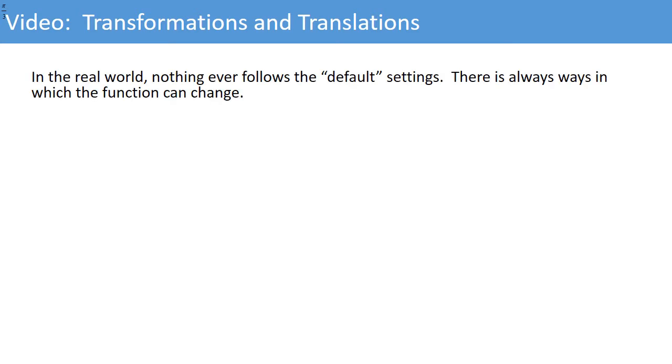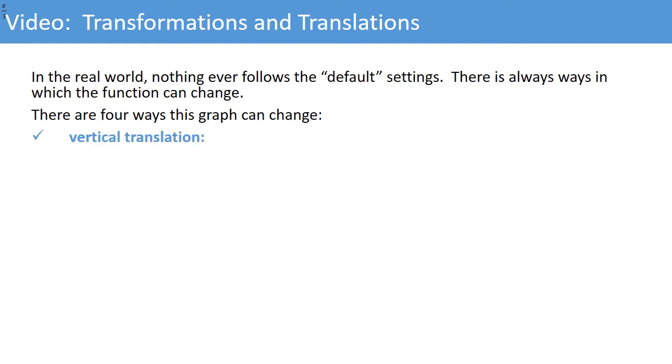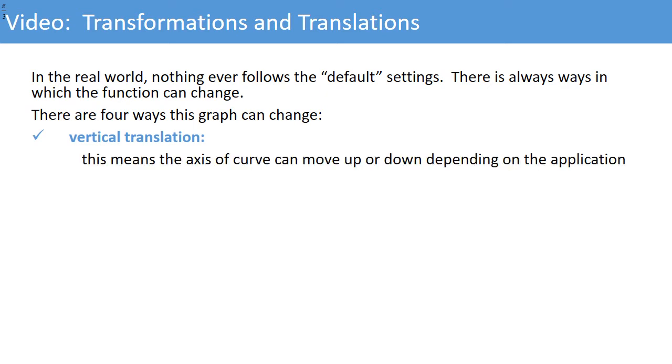In the real world, nothing ever follows the default settings. There are always ways in which the function can change. There are 4 ways that you can change the graph of a trigonometric function. The first is a vertical translation.